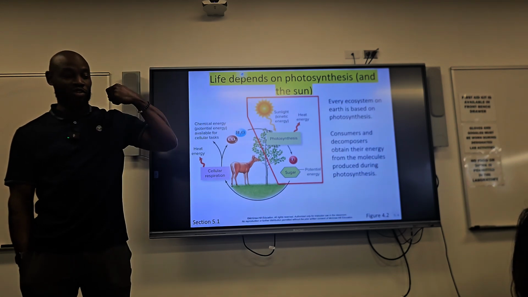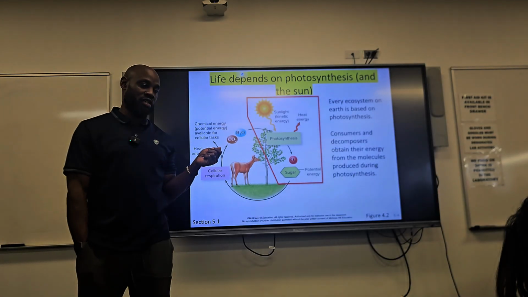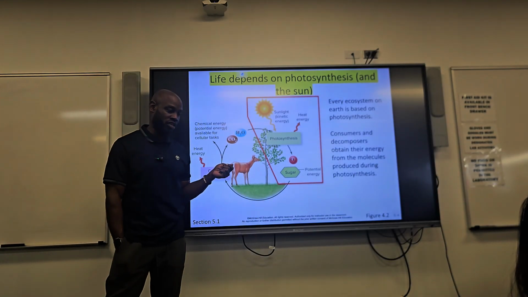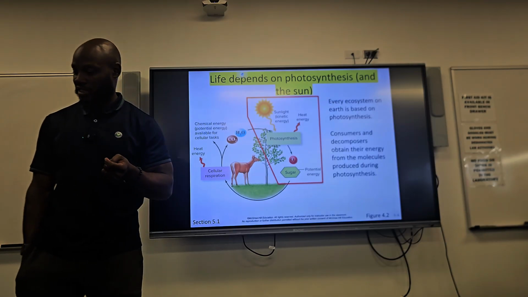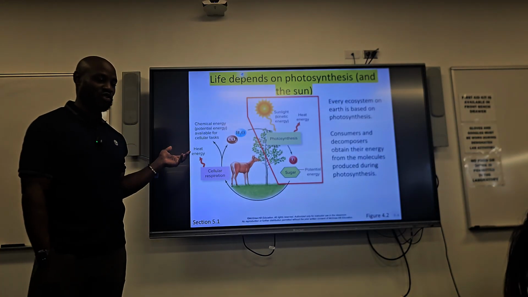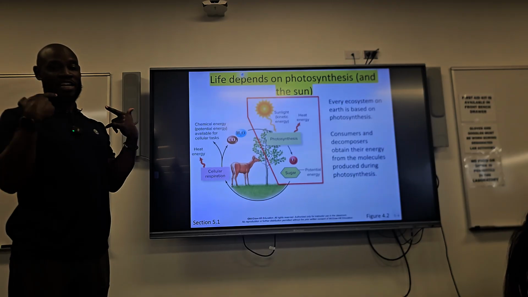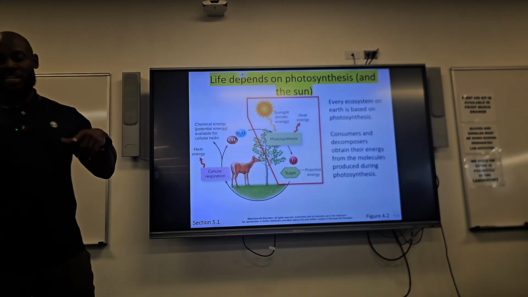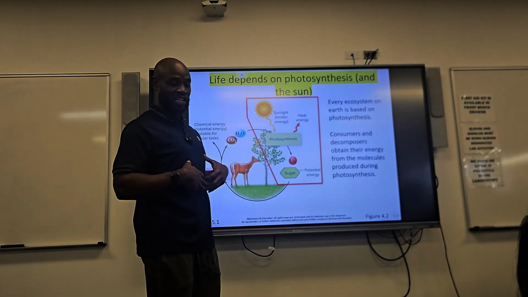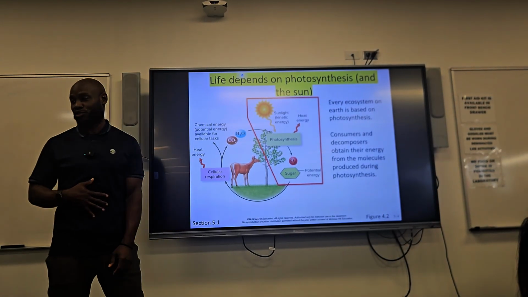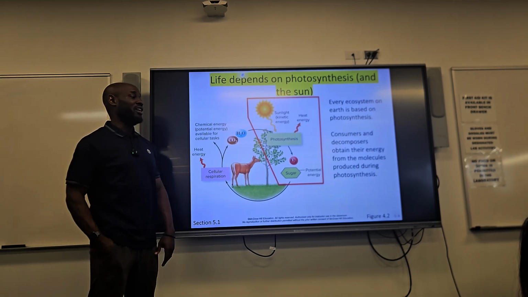And then you go and eat your vegetables, eat your kale, eat your green beans, eat your salads. Those all use photosynthesis, and we eat them, and then our bodies can take the energy that is in those plants and convert it into energy that our cells can use. And so we all need photosynthesis to happen.